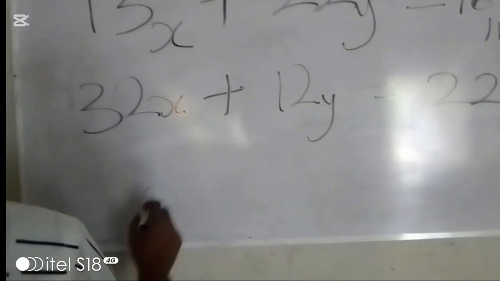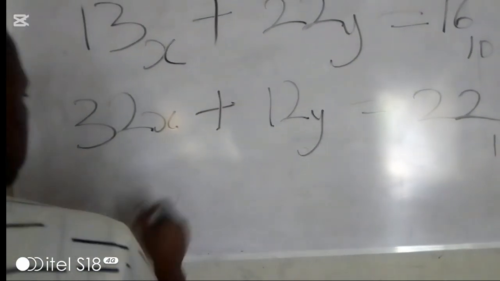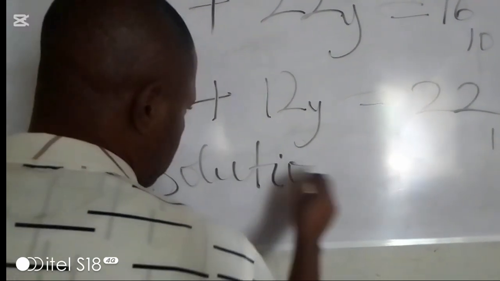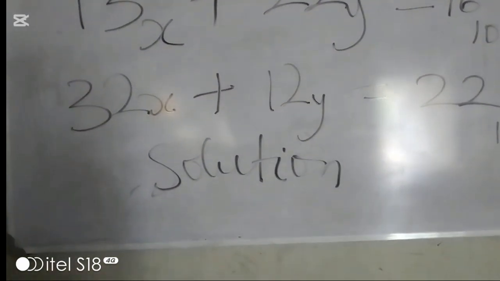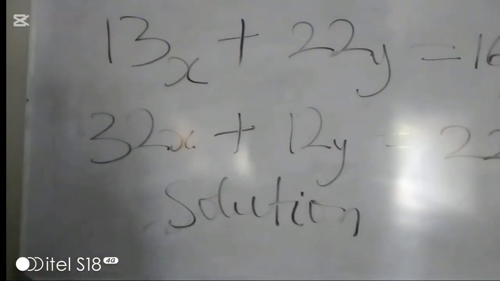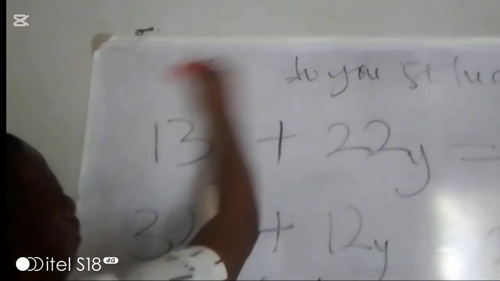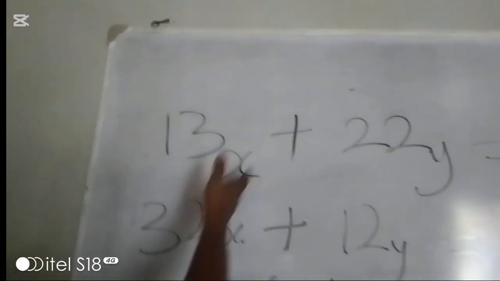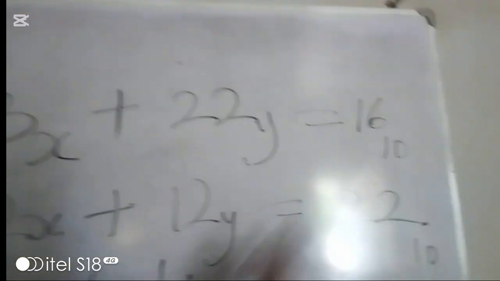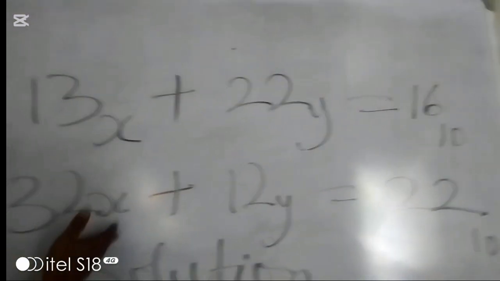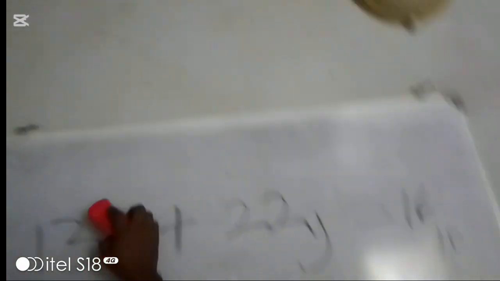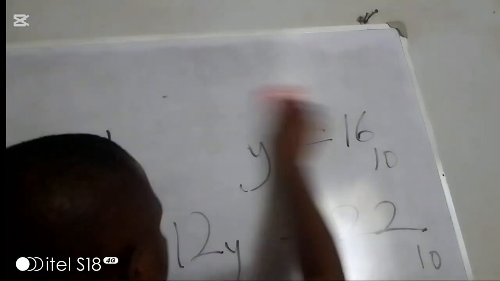You start with the word solution. You got the equation 13 base x plus 22 base y equal to 16 base 10, and 32 base x plus 12 base y equal to 22 base 10.